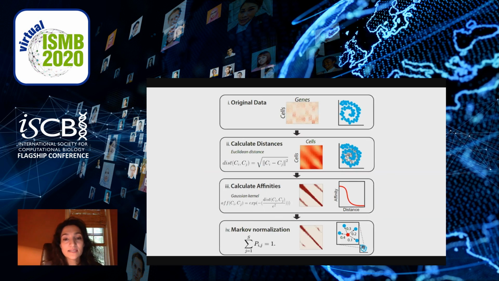One of the basic techniques for learning the manifold is the diffusion map technique. Here, if you have data that's observations by features, for example, cells by genes, we calculate distances and convert the distances into affinities using a Gaussian kernel or equivalent kernel. Then you can Markov normalize these affinities to get basically a random walk matrix, or equivalently a diffusion operator.